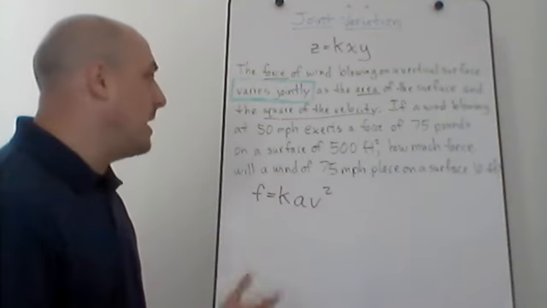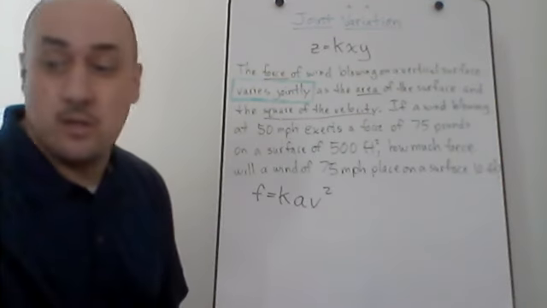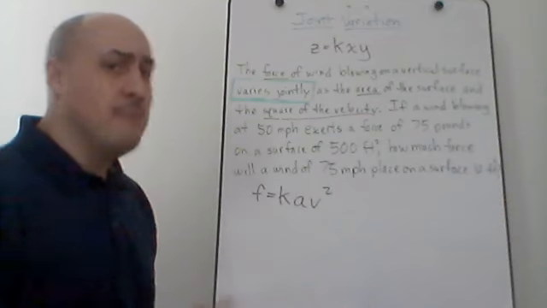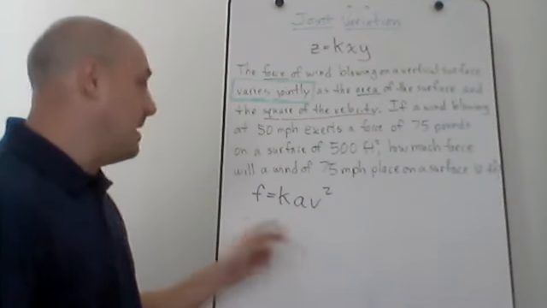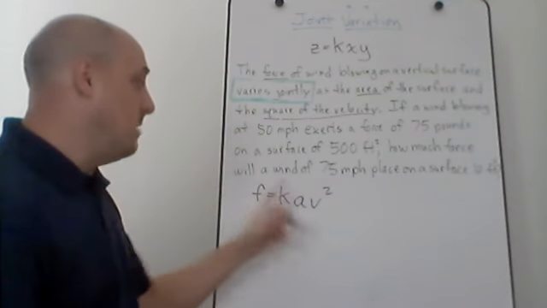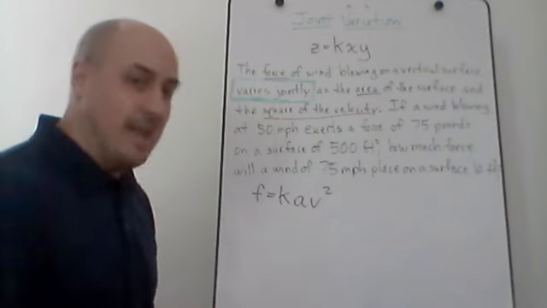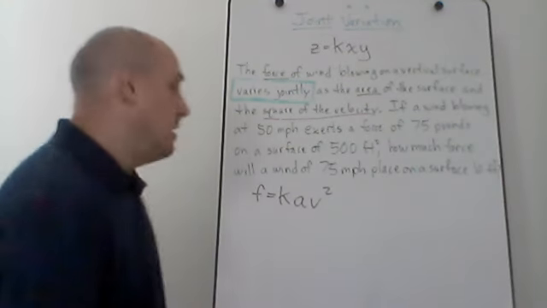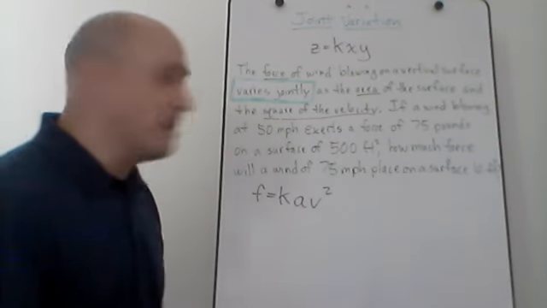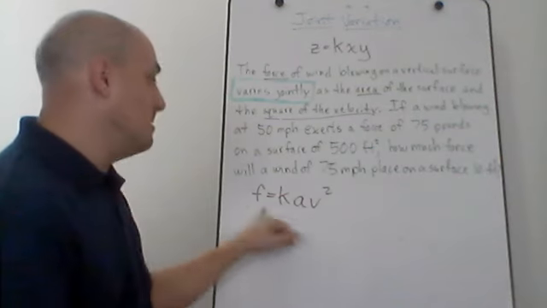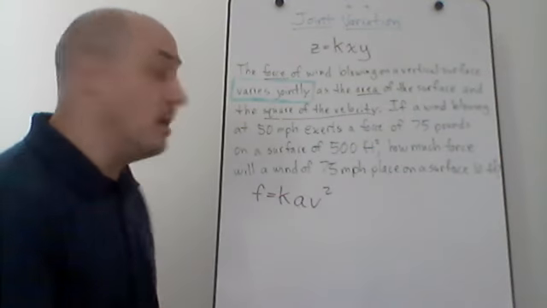When I have to start plugging numbers in, which is actually the next thing I need to do, it's going to help immensely to not have to second guess where each number goes. I know that the area goes for A, the velocity goes for V, and the force goes for F, and I just put those numbers in the right spot. So again, I would strongly recommend that you don't just use X, Y, and Z, but you actually use letters that relate to what your problem is talking about.